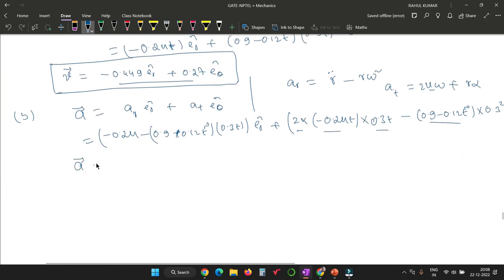So you will get the acceleration: the radial acceleration is approximately minus 0.391 e_r, plus minus 0.359 e_theta, and the magnitude of the acceleration is approximately 0.531 meter per second square.